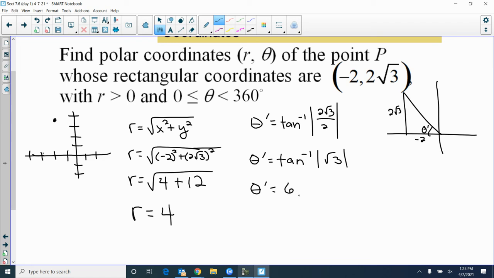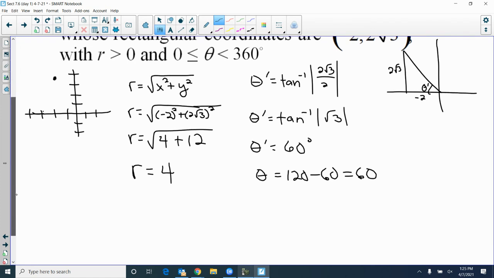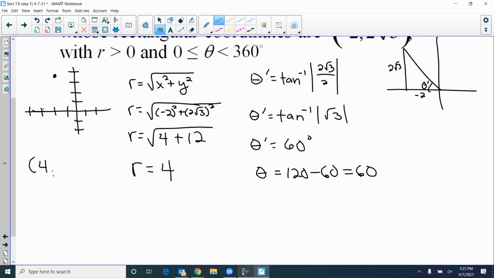That's our reference angle, though. So the actual angle in this case will be 120 minus 60... oh, why did I say 120 minus 60? Sorry. It's going to be 180 minus 60, which is 120 degrees.